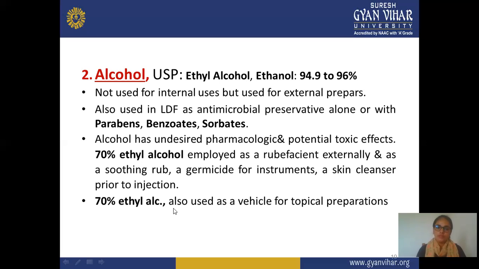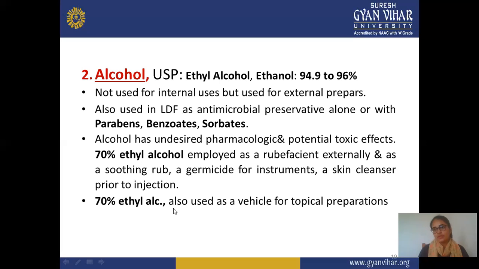Alcohol has an undesirable pharmacological potential for toxic effect. This means that ethanol doesn't show any pharmacological effect, but it shows more toxic effect, because alcohol is not an API, not an active pharmaceutical drug. So it doesn't show any therapeutic effect.